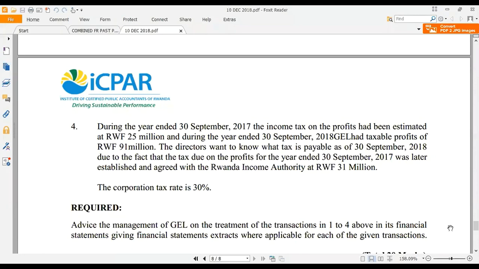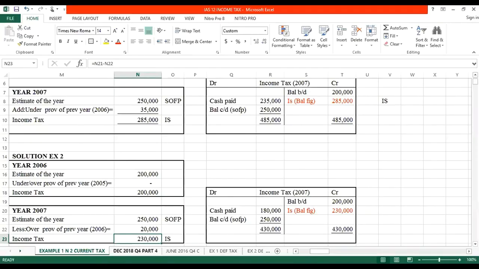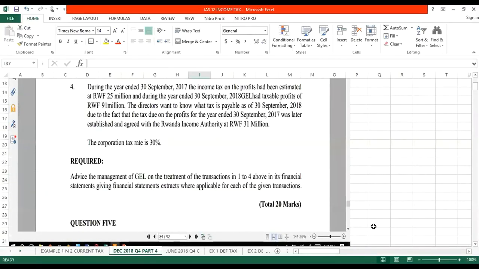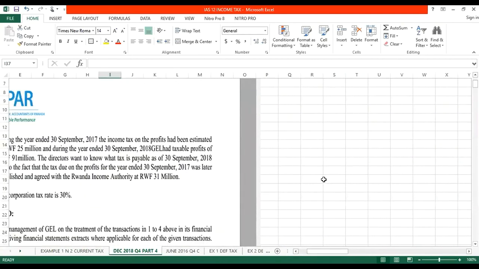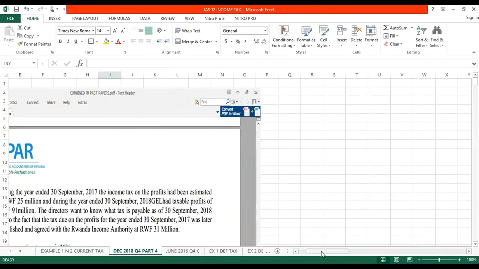Now, as I go to Excel, take note of the dates as I open the same question in Excel. So it is this same question. Okay, let me just use all. Solution. Please understand me. Before I start solving, remember the year ends what?